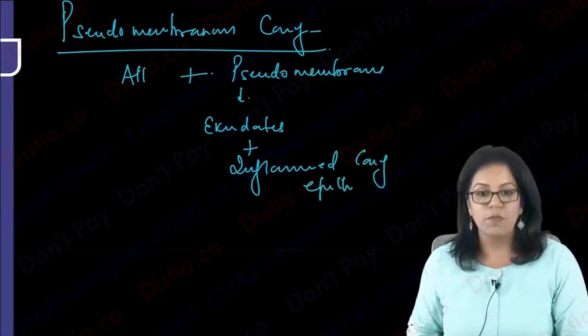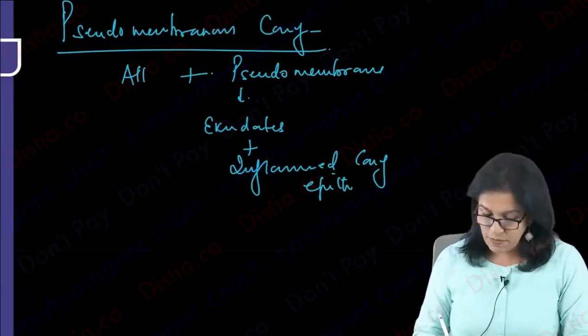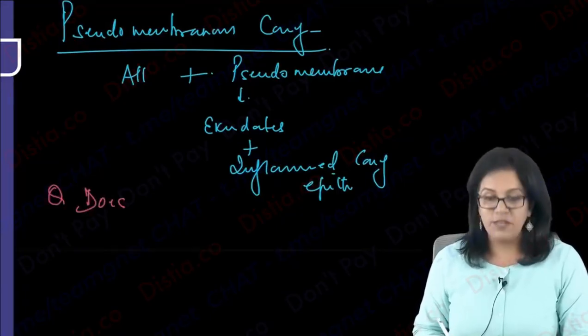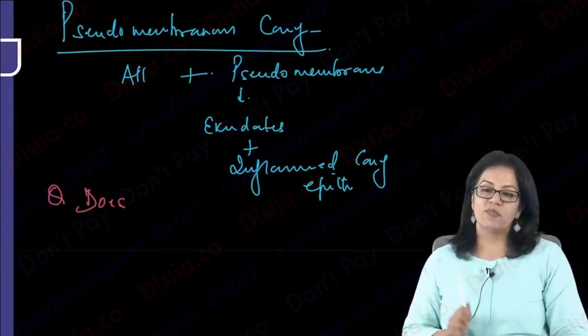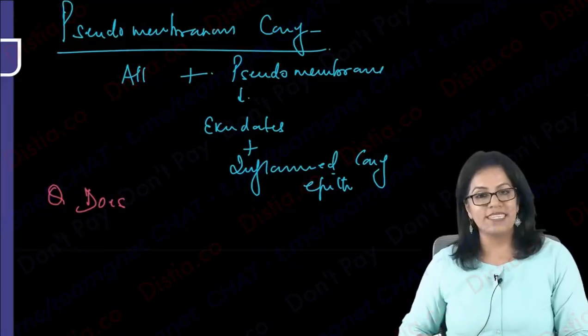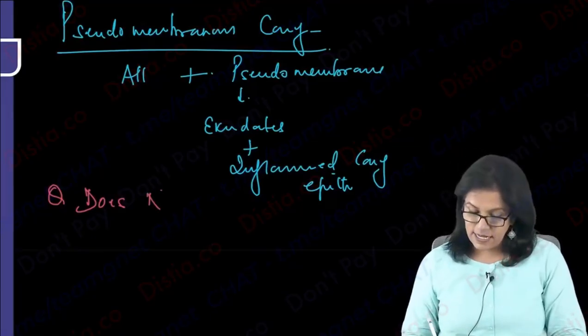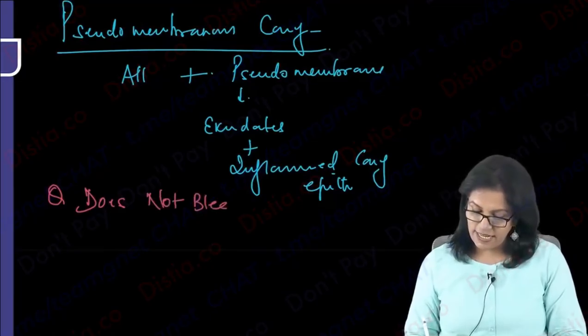This is what a pseudomembrane is. And please remember, this has been your cue that it does not bleed. Many of you have confusion, ma'am, is this one for pseudo or true? Please understand, this has been checked many times. We will answer does not bleed on peeling for pseudomembranes.